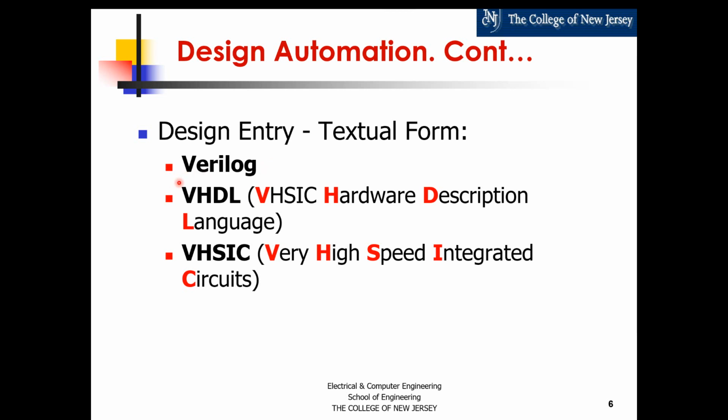But VHDL, as opposed to Verilog that came from the commercial side of industry, came from the military side of industry. So it's a little bit drier, and the syntax is harder to grasp. And it's patterned after a language called Ada that was being used in the military to code software for military systems. So that's sort of a history there.